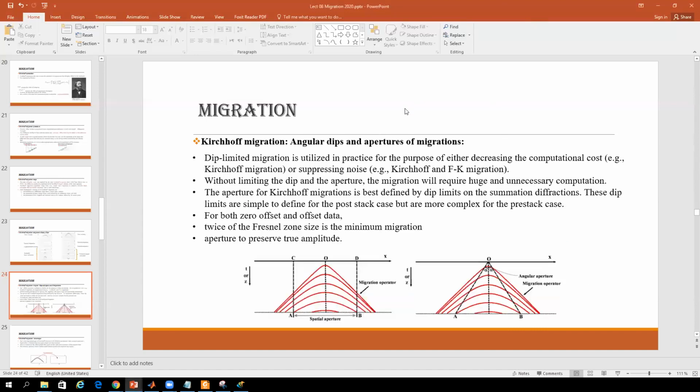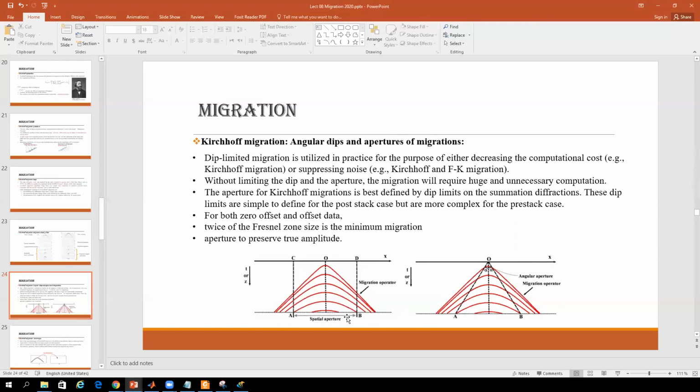Another thing which we have to keep in mind is that we cannot collapse all the diffraction curves, because this will take too much time. You can imagine if we have many seismic events along very long offsets. So usually we have a migration aperture or spatial aperture.